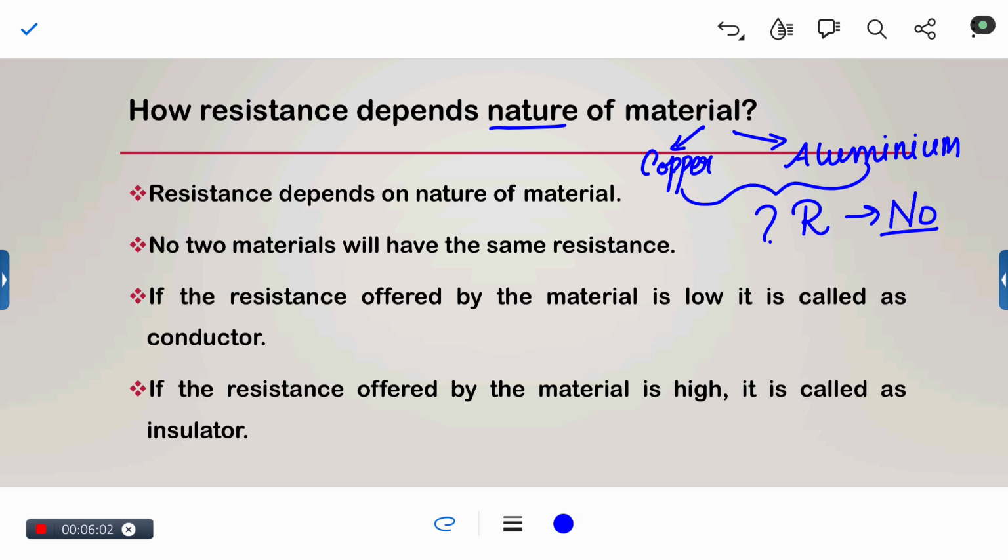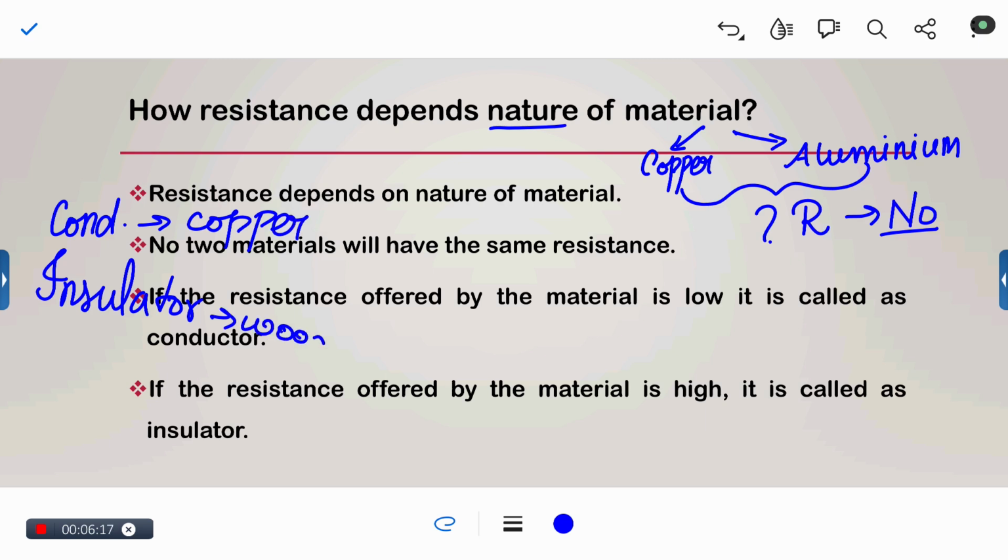Even if you take a conductor and an insulator, will both have the same resistance? No. For example, let's take copper and wood. Copper will have less resistance, whereas wood will have very high resistance. That is the reason wood is not going to allow the electric current to pass.